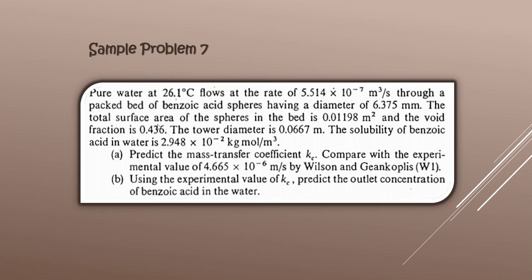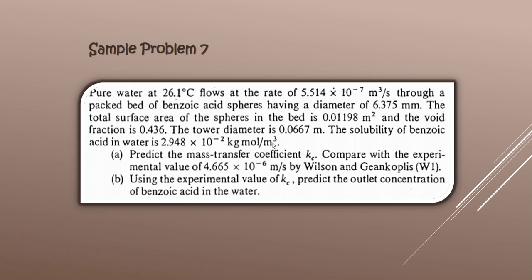The total surface area of the spheres in the bed is 0.01198 square meter and the void fraction is 0.436. The tower diameter of the packed bed is 0.0667 meters. The solubility of benzoic acid in water is given to be 2.948 times 10 raised to negative 2 kilogram mole per cubic meter.